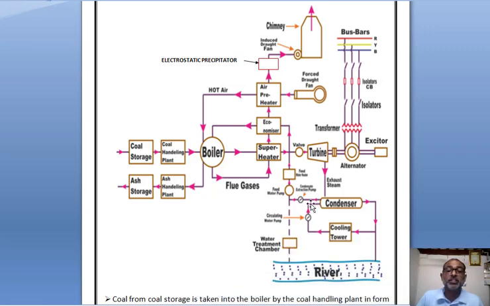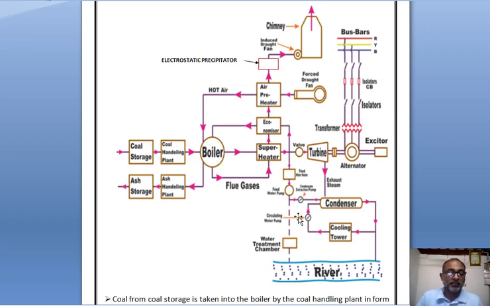With the help of this condensate extraction pump, feed water is passing through this heater. Now with the help of this feed water pump, the water is passing through this economizer and it is taken into the water drum which is available in the boiler.